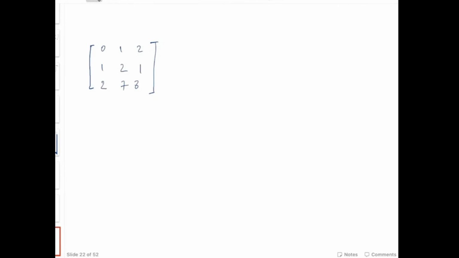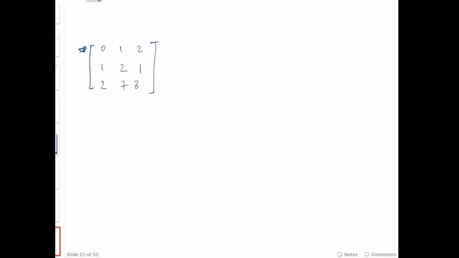The first thing we see is that the first row has a leading entry that is 0. What we want is for the first row to have a leading entry that is non-zero.